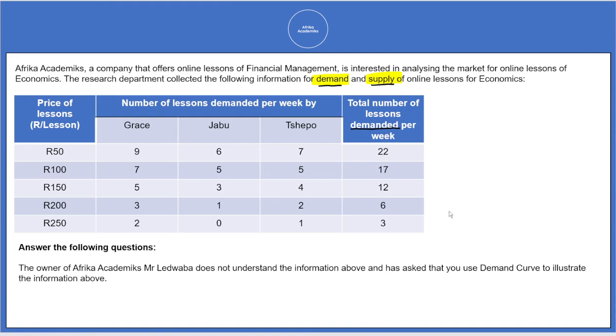I'll just explain right now what demand is. So we get a total of these people. Of course, there can be more, but when you do research, and you will see also in your MET 101, they will say that you should have a sample. I mean, you must focus on just a small portion, because you cannot do research on every single person, right? It's impossible. So we find that we can get people ordering 22 lessons at that price, and then eventually 3 lessons at that price.